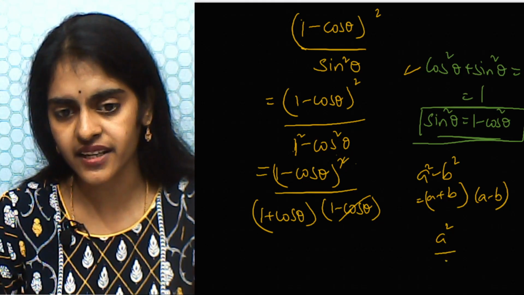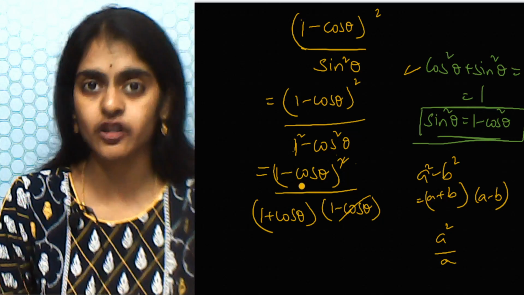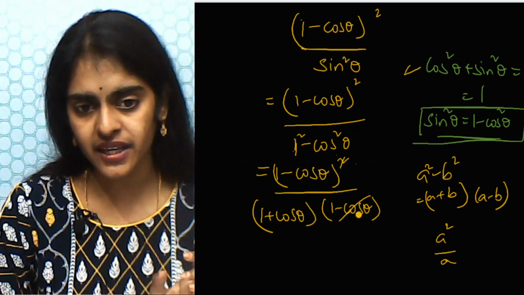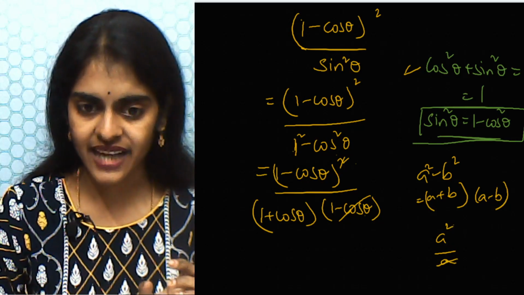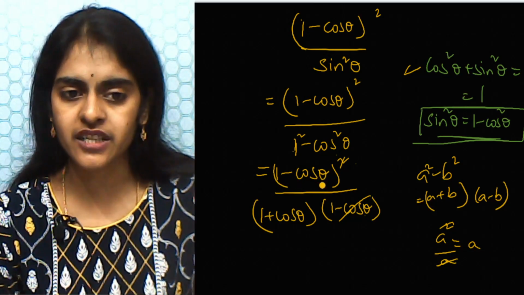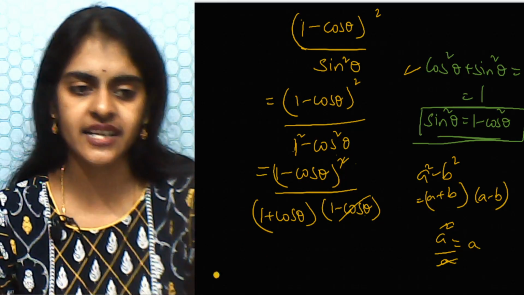See, a square divided by a. If you consider 1 minus cos theta as a single unit a, it is like a square divided by a, so it cancels and you get a, isn't it? One time it gets cancelled. Similarly here, if you want you can write another step.